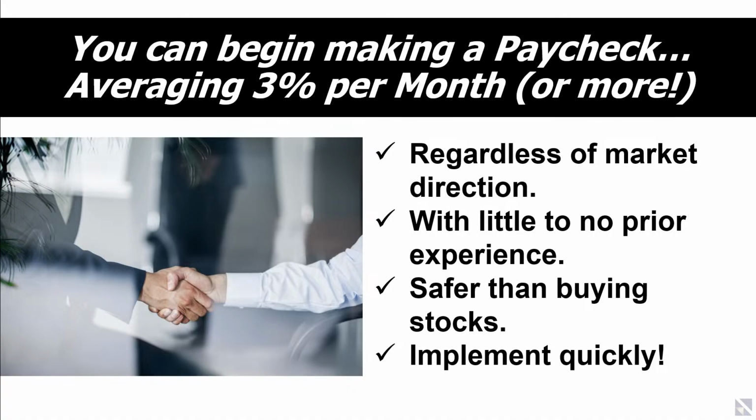Over the past 9 years, this system has averaged 3% per month, but more importantly, it's transformed the lives of retirees, parents, and professionals, anybody looking to secure their financial future without risking it all. So do me a favor, type a yes in the chat if you'd like to learn how you can trade for 15 minutes a day and make consistent income, even if you're wrong about market direction.